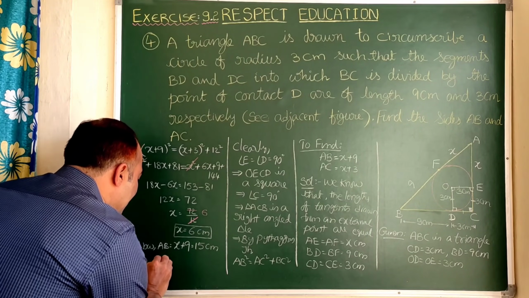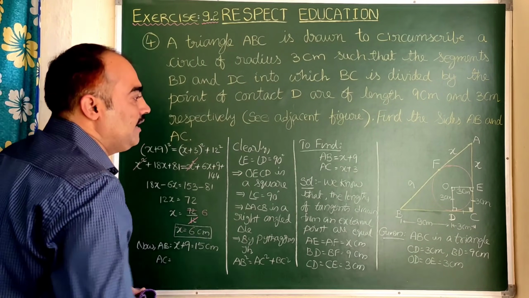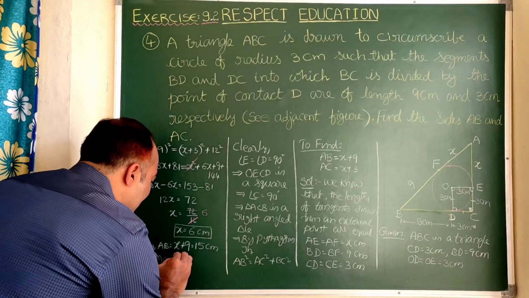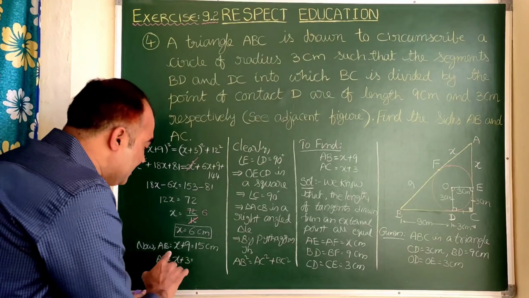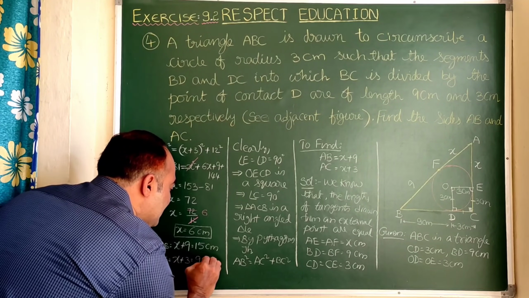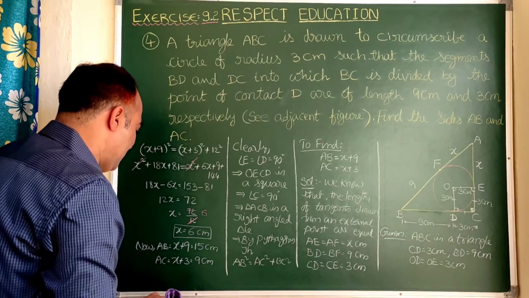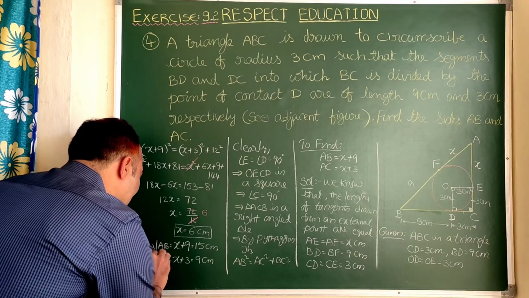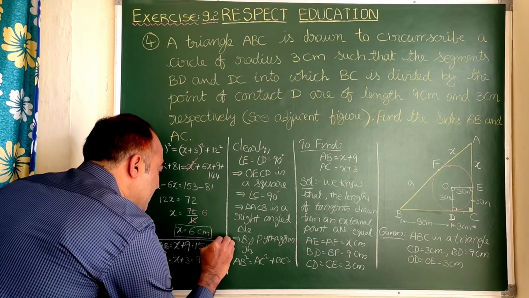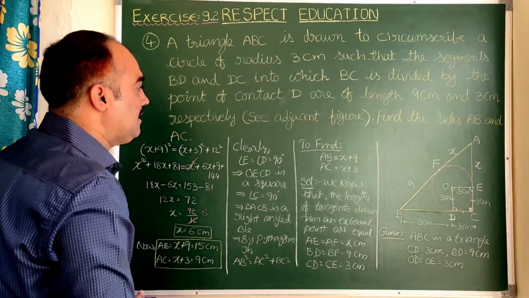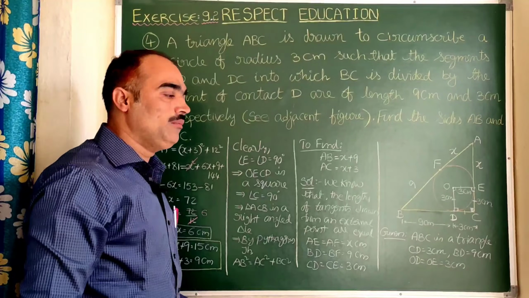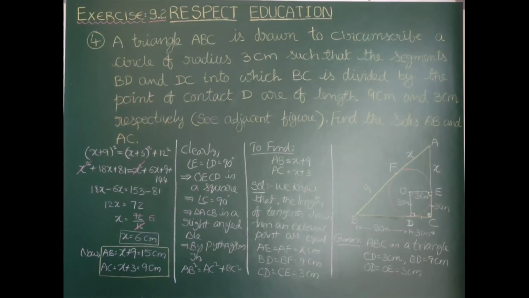AC is equal to x plus 3. Since x is 6, 6 plus 3 is 9 centimeter. So finally we got the value of AB as 15 centimeter and the value of AC as 9 centimeter. With this, the fourth problem gets completed.